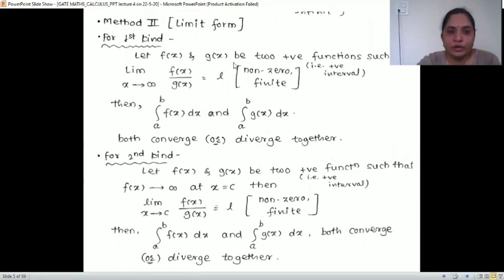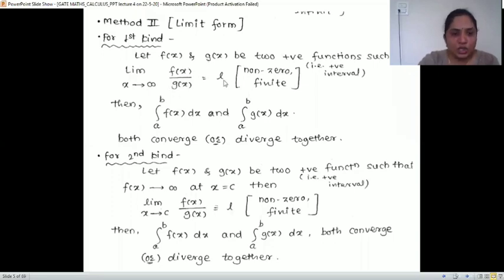So the first limit form is for the first kind of integration. That is, the first kind of limit form of convergent and divergent integration. There are two functions, say f of x and g of x, two positive functions, such that if we take the limit as x tends to infinity of f of x upon g of x, it is equal to L, where L is a finite, non-zero number, right?